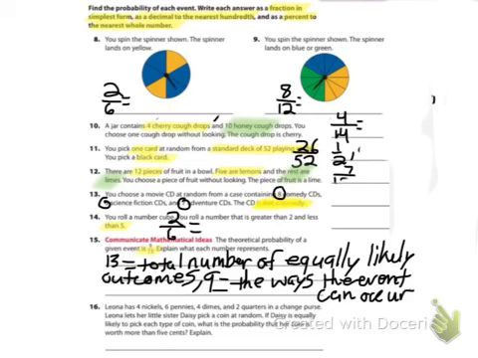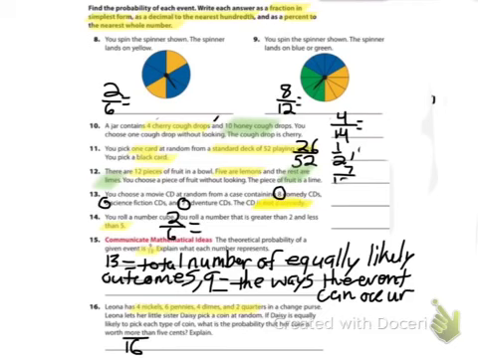16. Leona has 4 nickels, 6 pennies, 4 dimes, and 2 quarters in a change purse. Leona lets her little sister Daisy pick a coin at random. If Daisy is equally likely to pick each type of coin, what is the probability that her coin is worth more than 5 cents? Okay, well, we have all these different kinds. So how many is that total? That is 16 total.